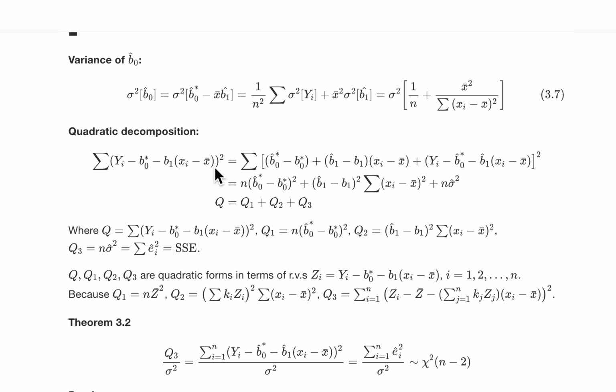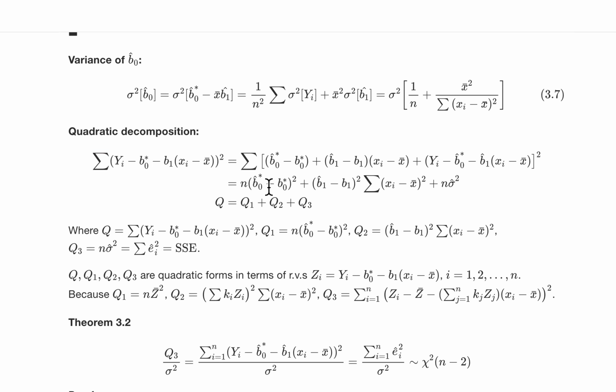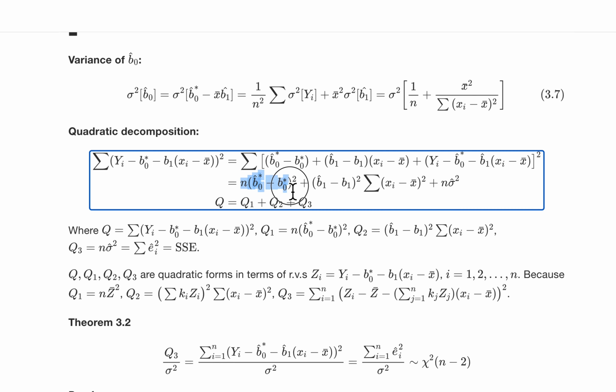We can rewrite this by introducing the point estimators b0 hat star and b1 hat. Rearranging these terms, we can find that it's a sum of these three terms.